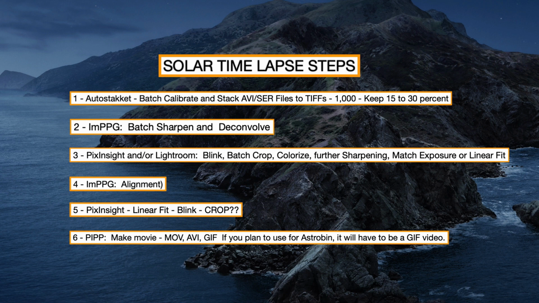If the scene conditions are not good, if there's wind moving the mount, or if there is air turbulence between the sensor and the sun, and you know how the target kind of wavers and moves and focus seems to go in and out, then I'll take 1,000 frames and I'll only keep the same percentages, 15 to 30%.